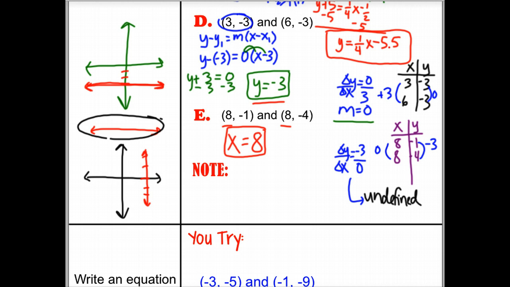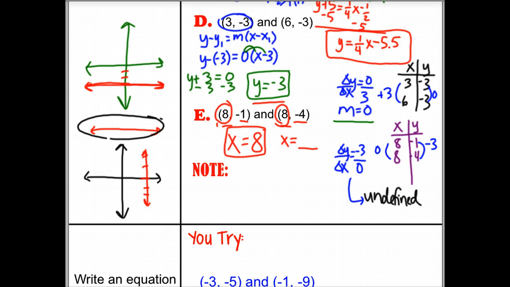In this problem, our x value is always going to be 8, no matter what our y value is. So when we have a line that's undefined, we know that it's always going to be x equals some value. In this case, our value is 8.